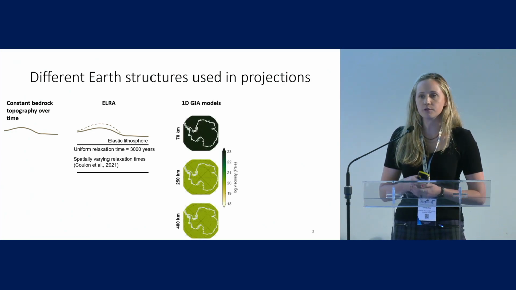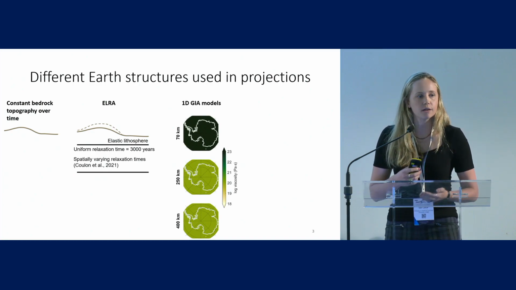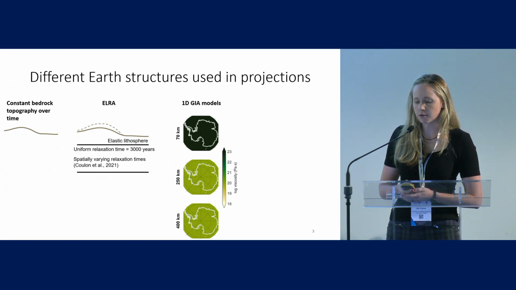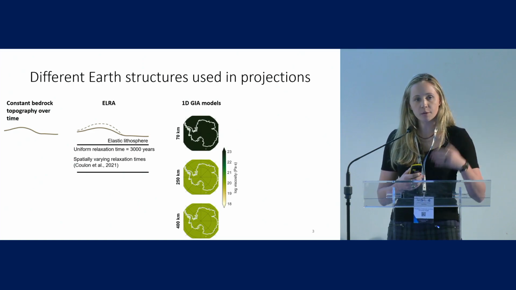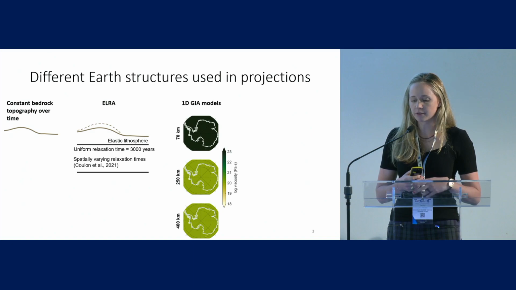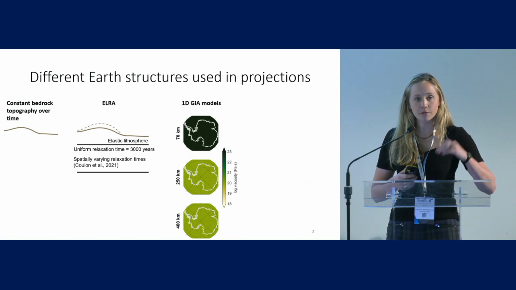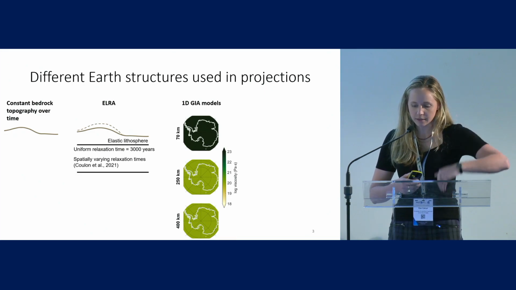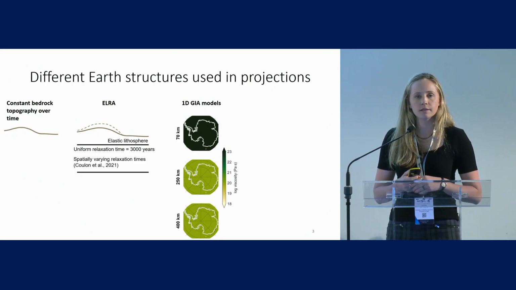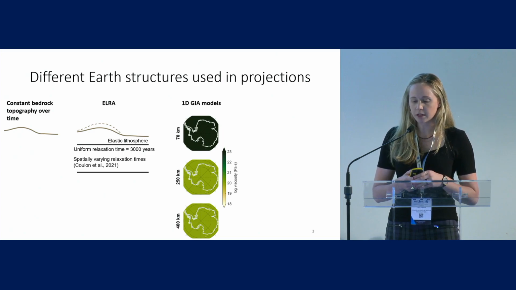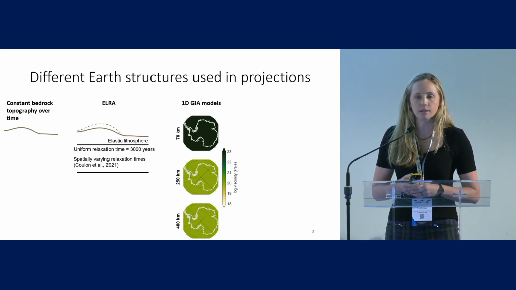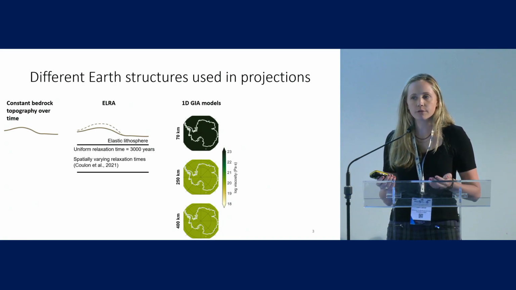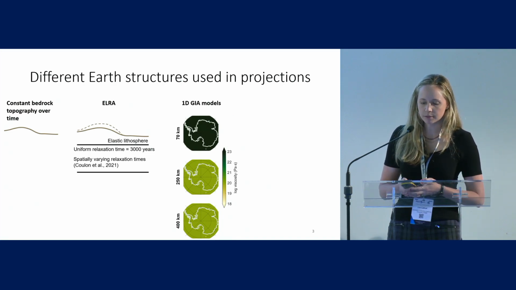So you can also use a spherical Earth that takes into account different processes that are going on in the Earth. And here you see a depth profile of that at three different depths: 70 kilometers, 250 kilometers, and 400 kilometers inside the Earth. And in the top 70 would be, for example, elastic, and then below that there's a viscosity that people set to 10 to the power of 20 or 10 to the power of 21.